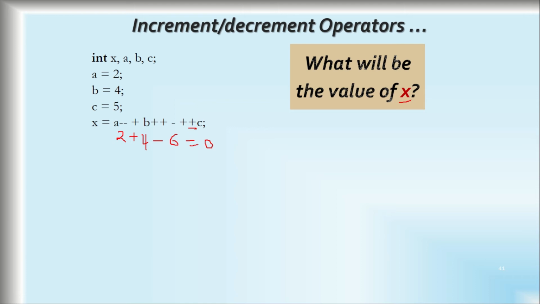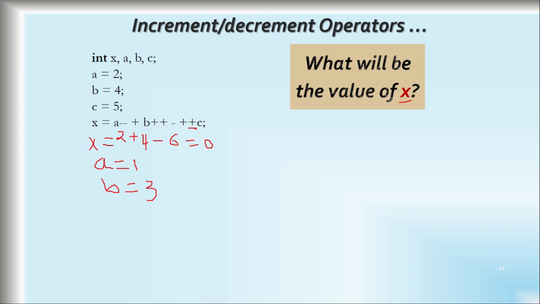What is the value of a? A is equal to 1, b is equal to 3, because it is incremented by 1.